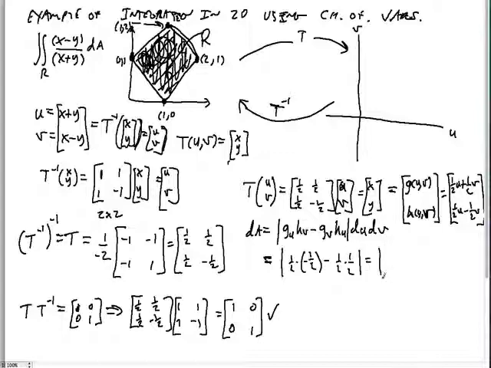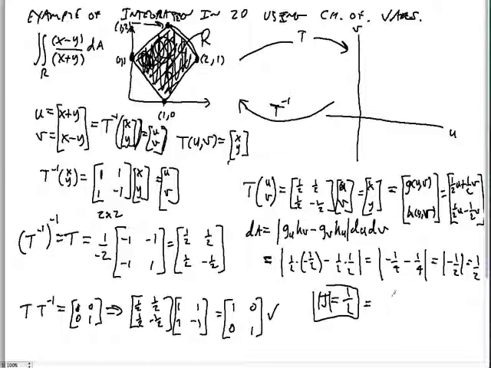So that becomes a negative 1/4 minus a positive 1/4, which becomes the absolute value of negative 1/2, which is just 1/2. So the absolute value of the determinant of the Jacobian is 1/2.